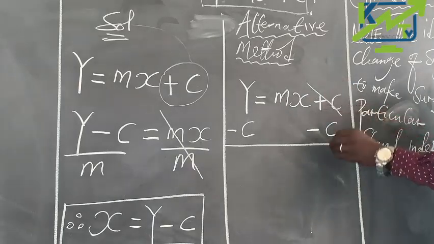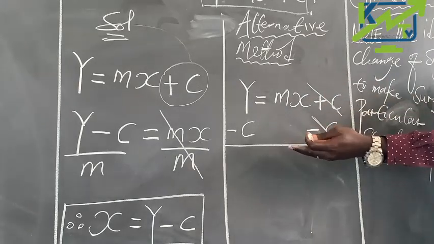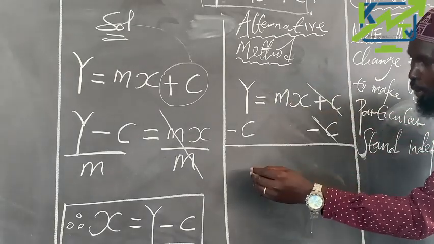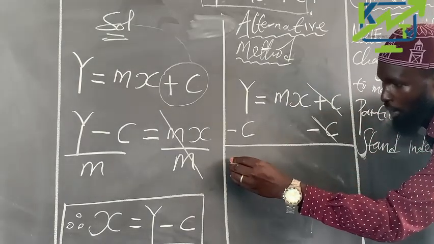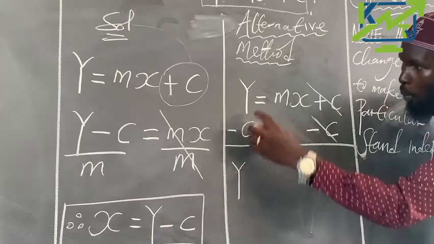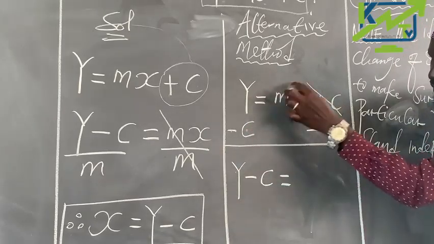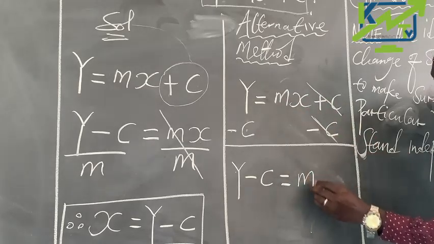So this means out. What is left there is this term, so we have Y minus c equals mx.